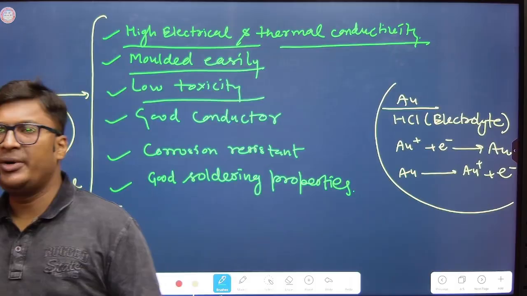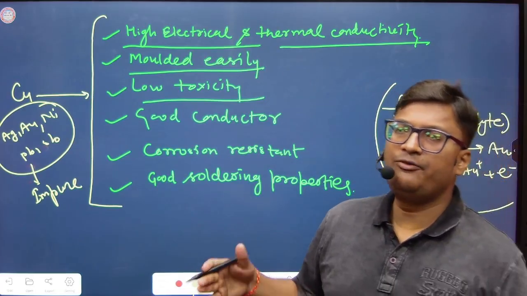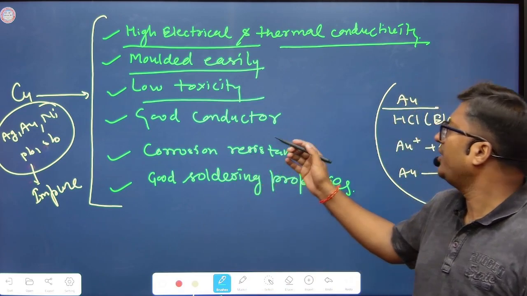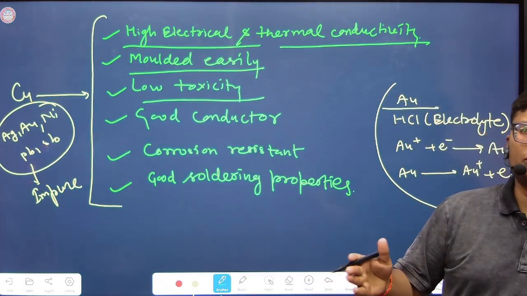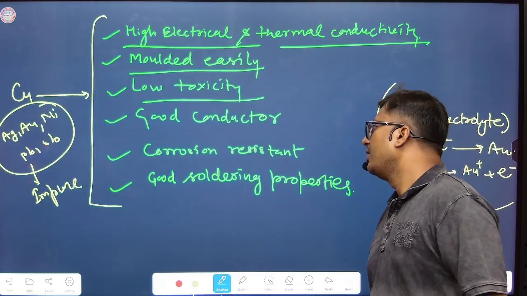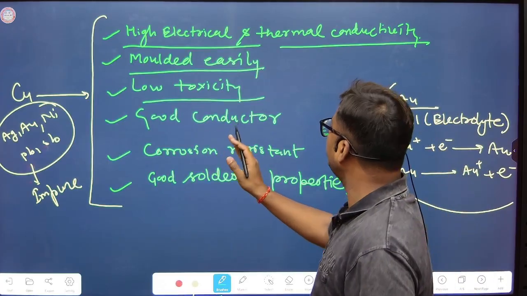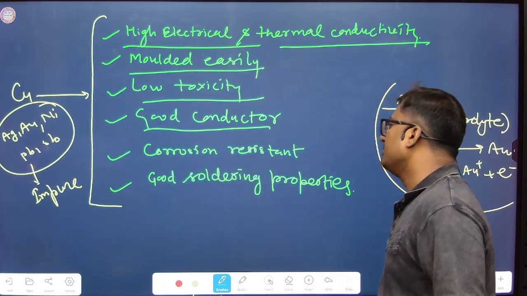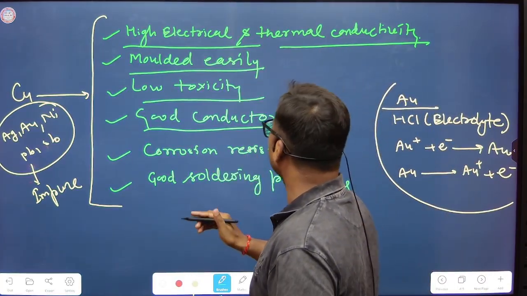So once copper is extracted or purified from the copper alloys, it finally has low toxicity compared to the impure copper alloys or ores. And one another good benefit is that it is a good conductor, right? So this is the benefit of the extraction and purification.